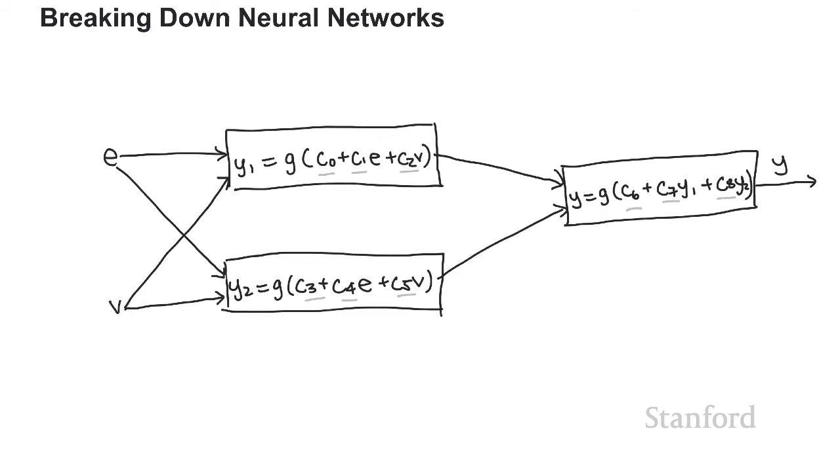And finally, we mentioned before that each logistical unit can actually take in any number of inputs, right? We were able to take in x1, x2, all the way to xn, where n is any number. And so what that means is we can actually chain together all of these things in any way we want. And so let's say we had two inputs, E and V, which are the same as before, but let's say we wanted to have 5 different neurons in the first layer.